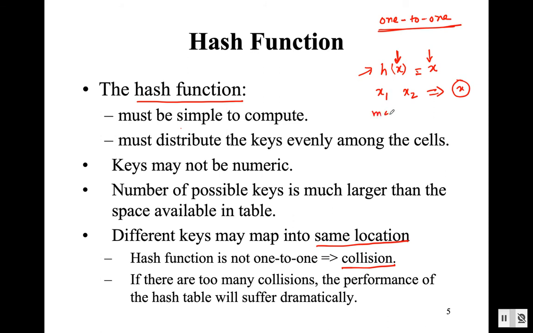But the function could also be many to 1, or many to many. Many to 1 means two different key values could create one hash value. This can create a collision. We're going to see one example.